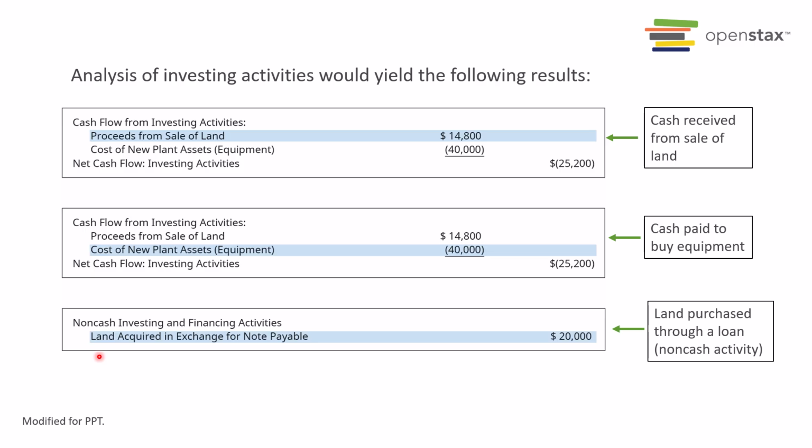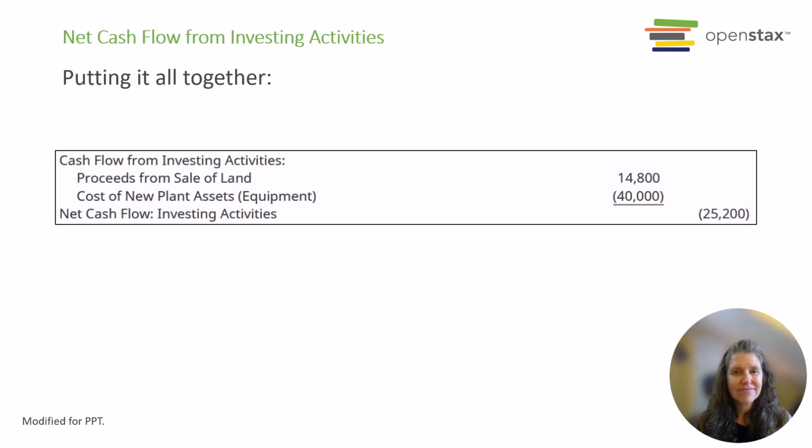So that goes at the bottom, and remember, you may not have that, but anything that you purchased not directly with cash or exchanged or gave away, sold for a non-cash item would be listed under non-cash. And so this is our investing section.